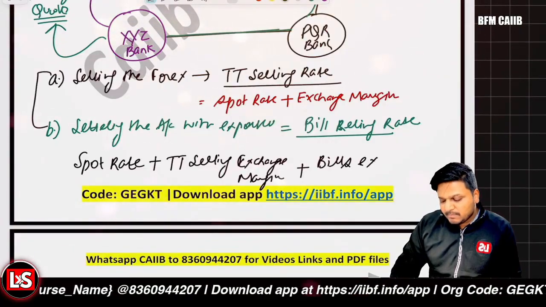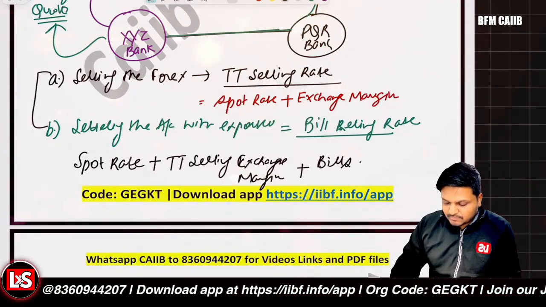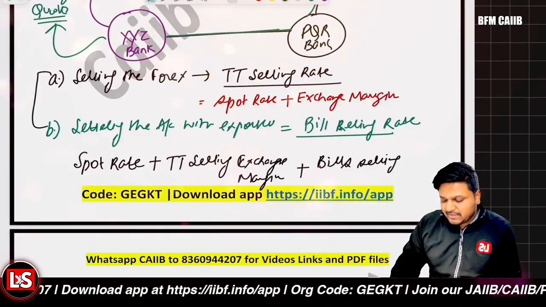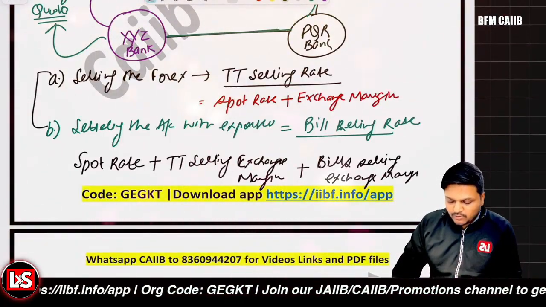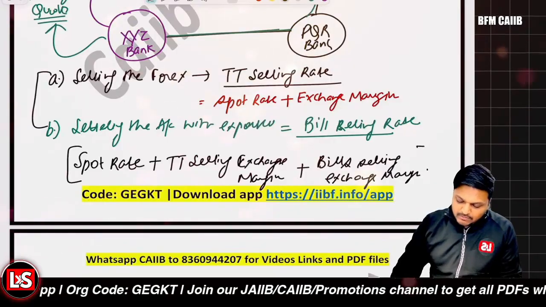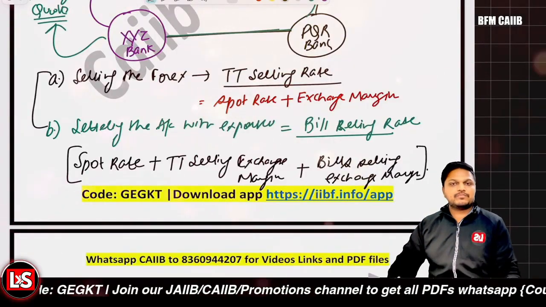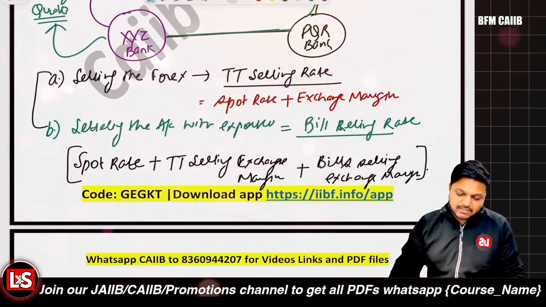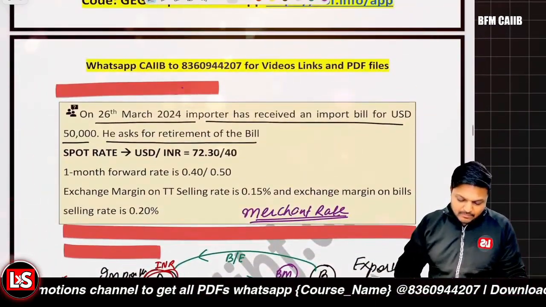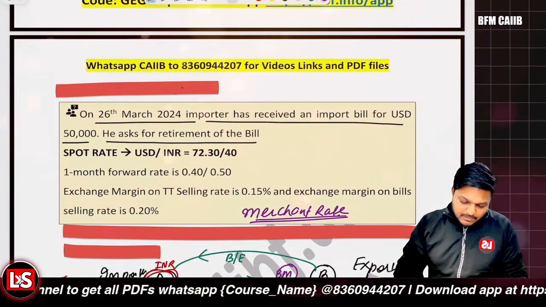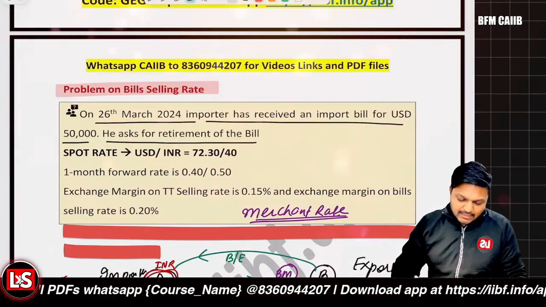So this is how we are going to solve this question. This will be the complete formula related to it, right? And this is the bills selling rate which will be applicable.